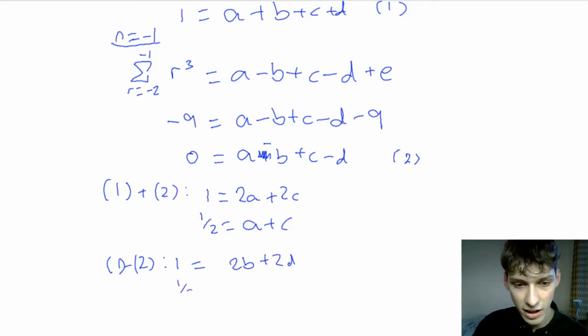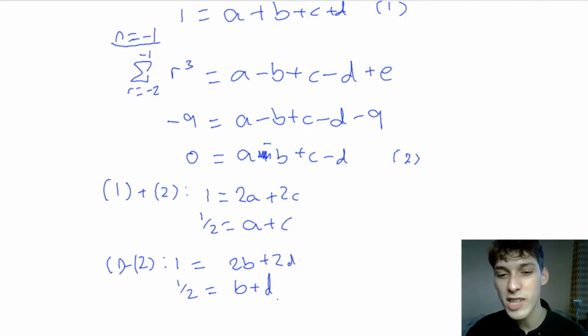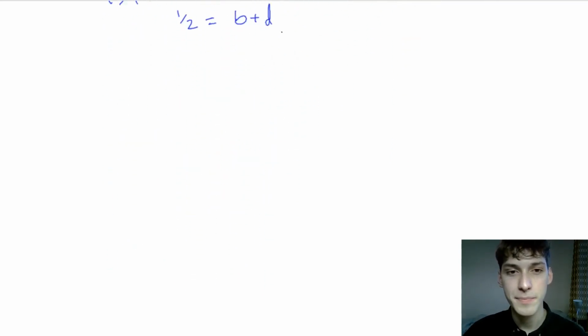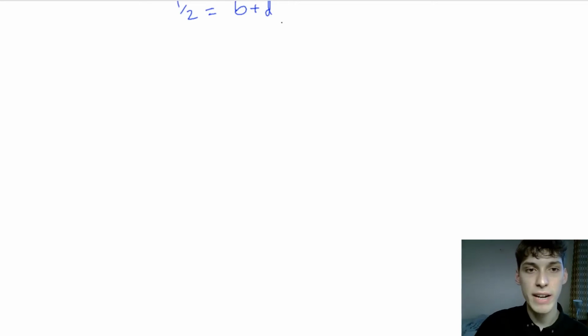And that's again going to give us a half is equal to b plus d. Perfect. So now there's not much we can do with these currently, so I think we're just going to substitute in the other values of n, then we can worry about what we're going to do next. But I think it's nice to simplify down those 2 equations early on.